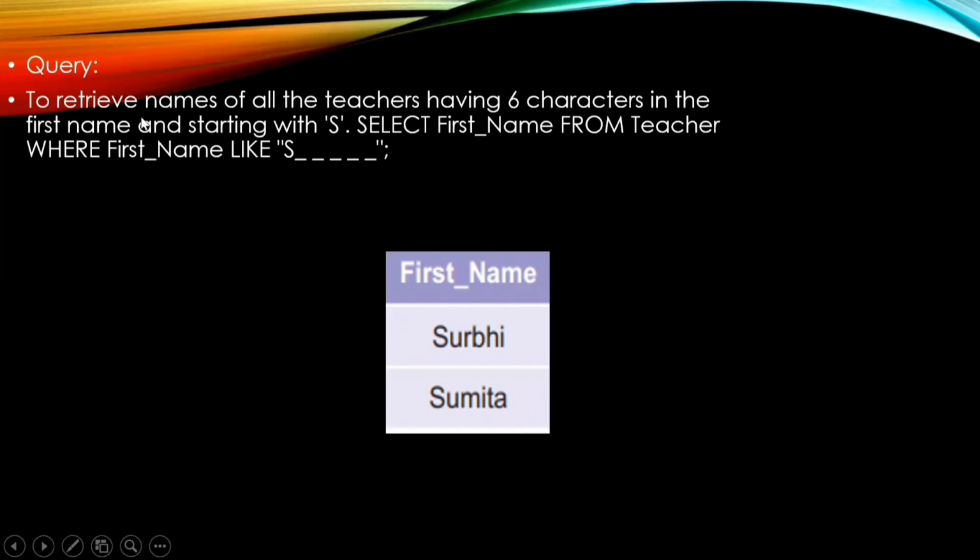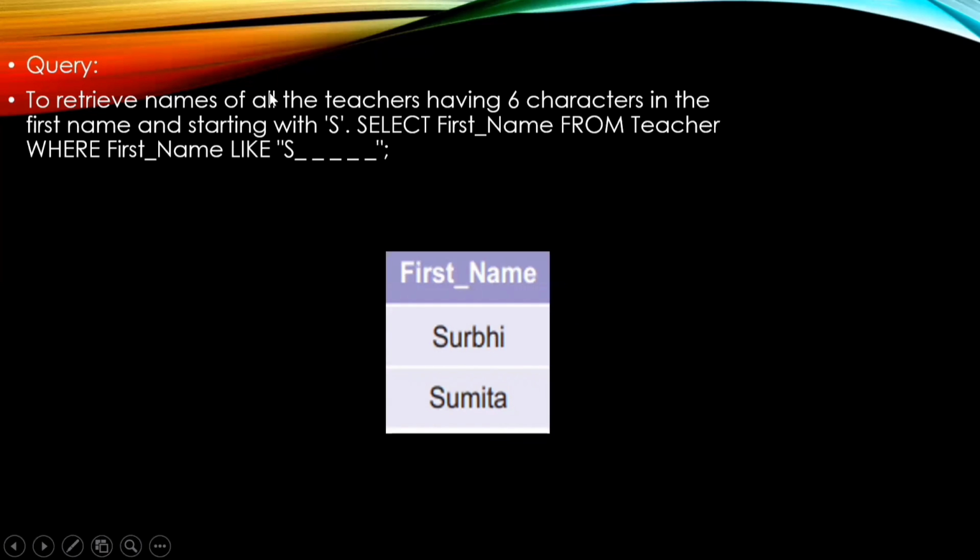Next, let us see another query. To retrieve names of all the teachers having 6 characters in the first name and starting with S. Select first name from teacher where first name like S, 1, 2, 3, 4, 5. You have to give the command like this, so you will receive the output like this. Okay, see here.